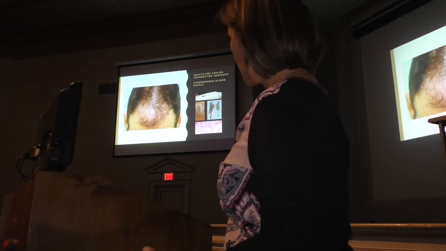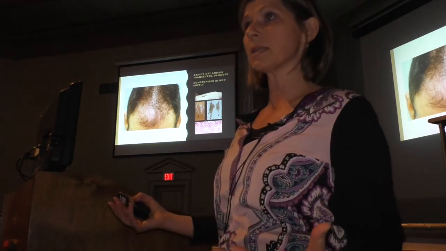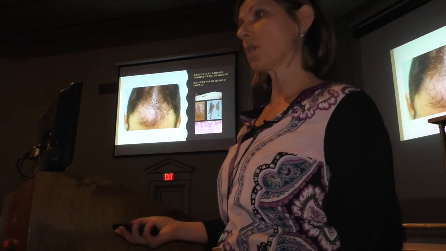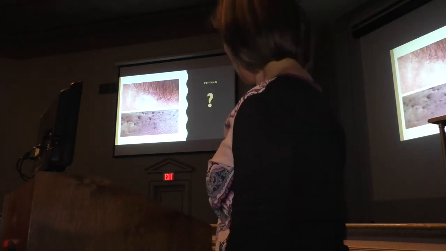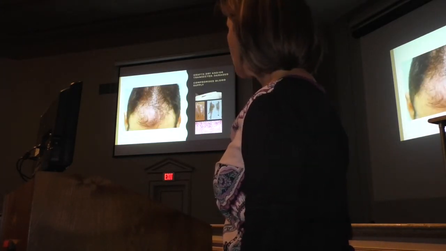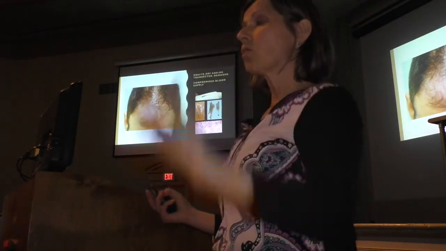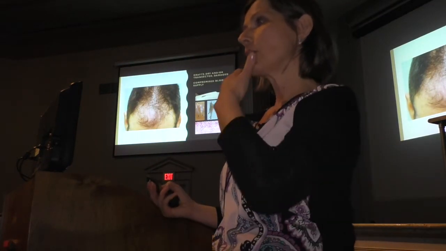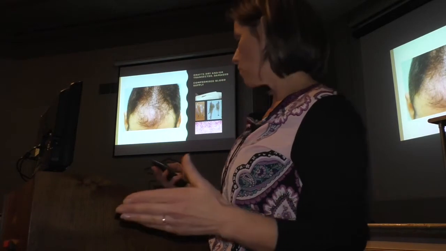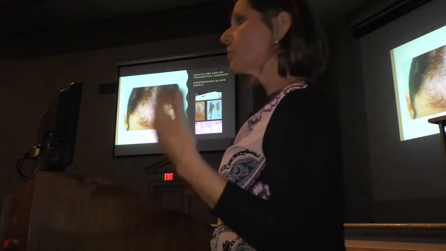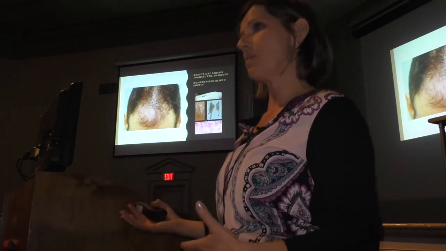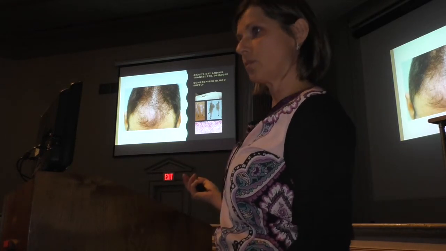This is a damaged graft. Maybe good grafts were not placed, or too many sites are made in a midline, or they were too deep. So when you're looking at the poor growth, you're looking at all the possible things that could have happened to cause the poor growth.